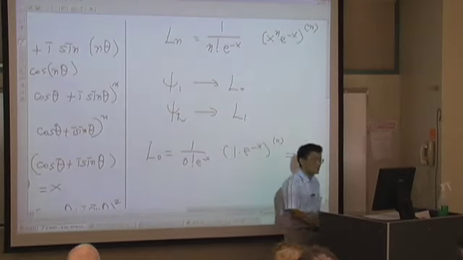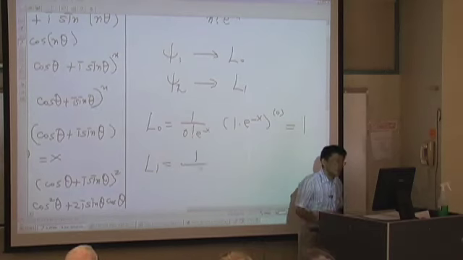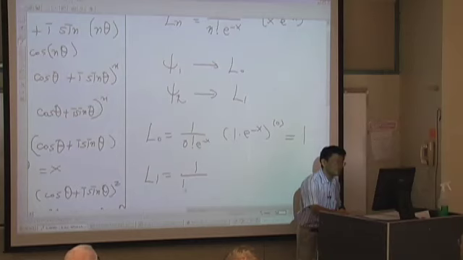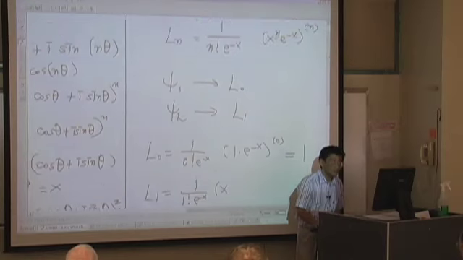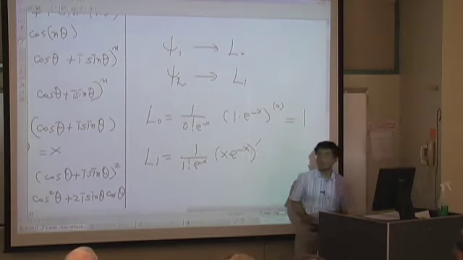The next thing is L1. I will not go to the next case because we don't have enough time, but after L1, I will stop. 1 factorial, e to the power of x, and then differentiate x to the power of 1 times e to the power of negative x, one time. If we differentiate this, we should use the product rule.